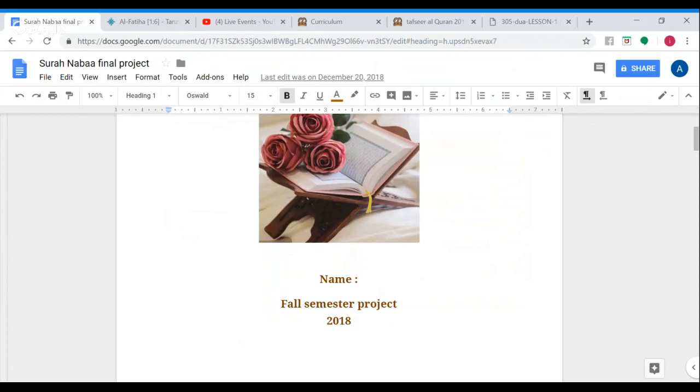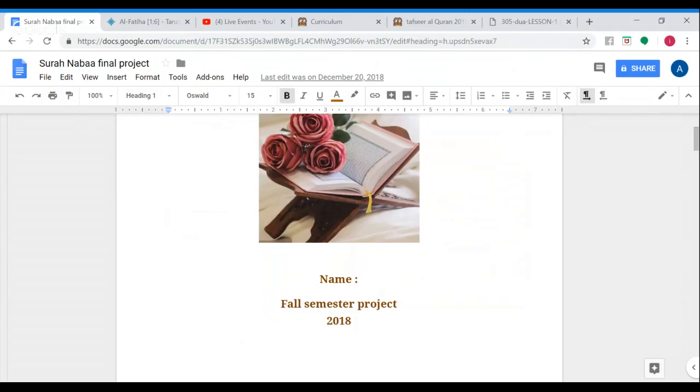All right. Before going to some examples, let's see the wow. Don't confuse the wow of harf jar with the wow that is the connector. The wow has many meanings in the Quran.